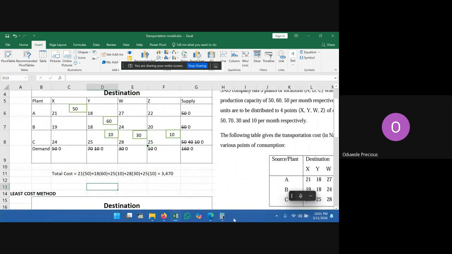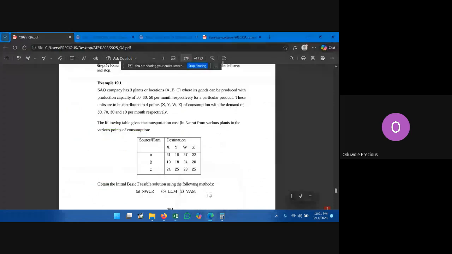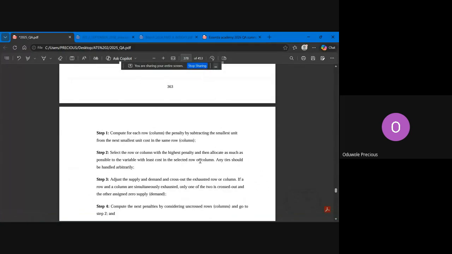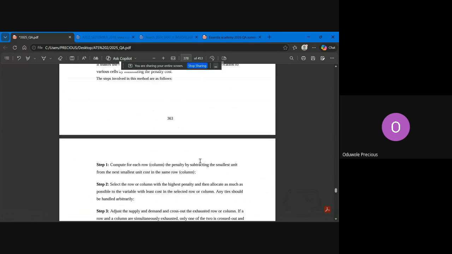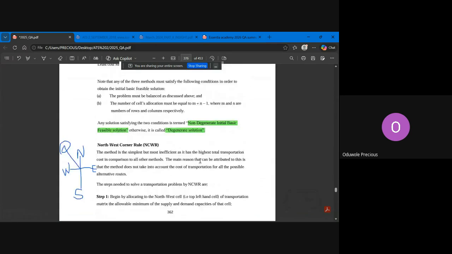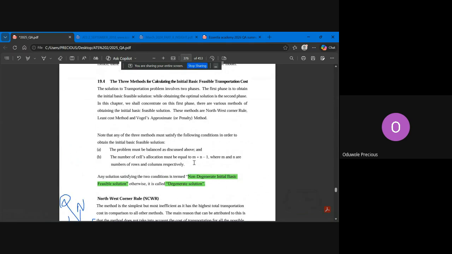will I call it a formula? I showed you something. Let me go back to what I showed you. Yeah, so the number of cell allocations must equal m plus n minus 1, where m and n are rows and columns respectively.